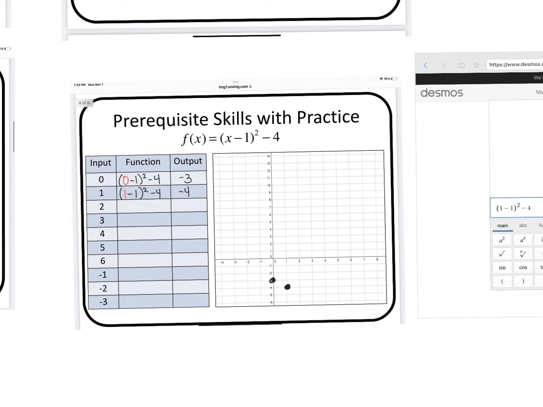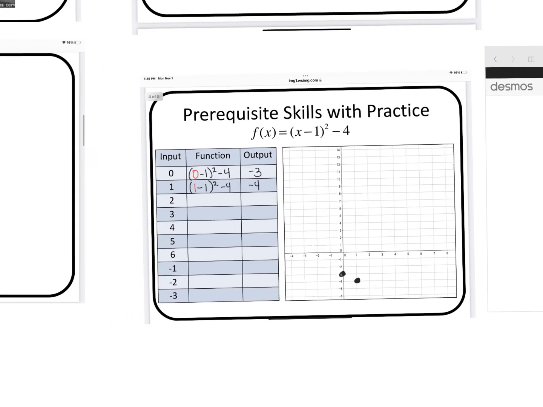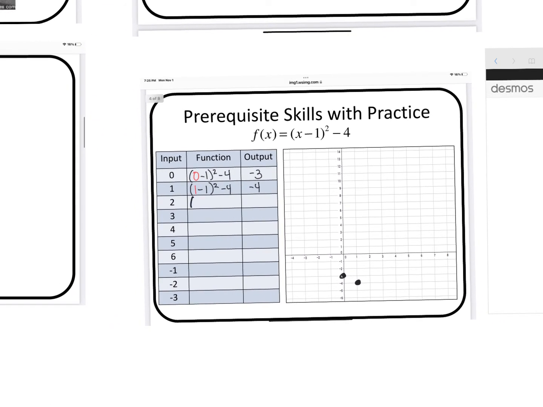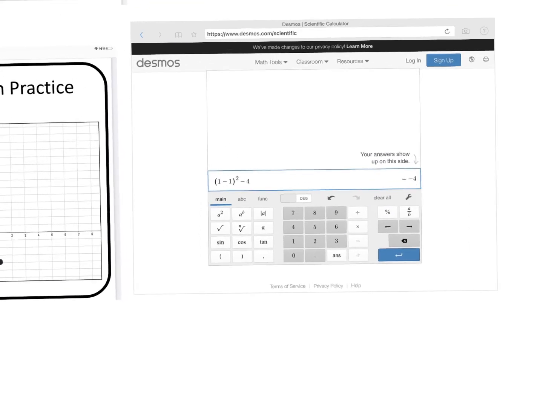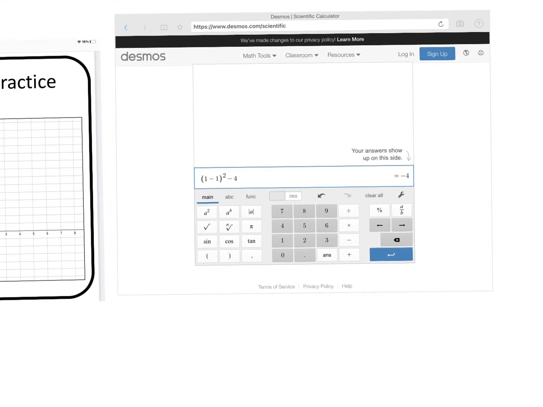So that is going to be 1, negative 4. Okay. And again, how did I get that? And so going to the next point, and then I'm going to fill them in and have you check your work, we would go here. That is 2 minus 1 squared minus 4. And if we needed our calculator, remember that we're just changing this part right here.